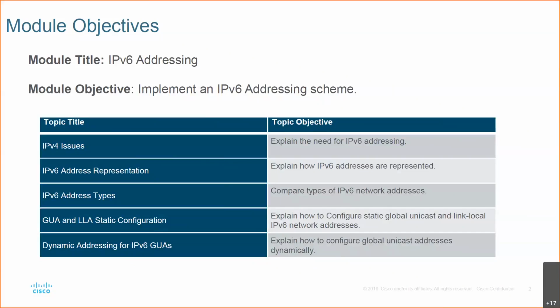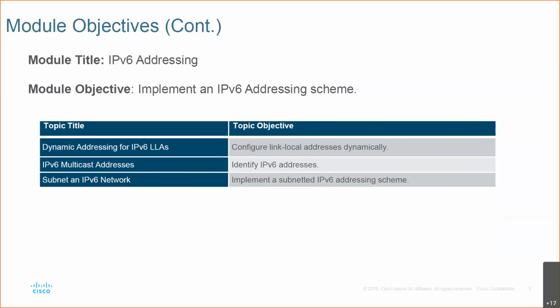What is your global unicast address and your link local address in IPv6, and how they are configured, how can you give a static configuration, and how can you give a dynamic configuration for both global unicast address and link local address. We will also look at multicast addressing in IPv6, and we will also look at how do we do subnetting in IPv6, okay?